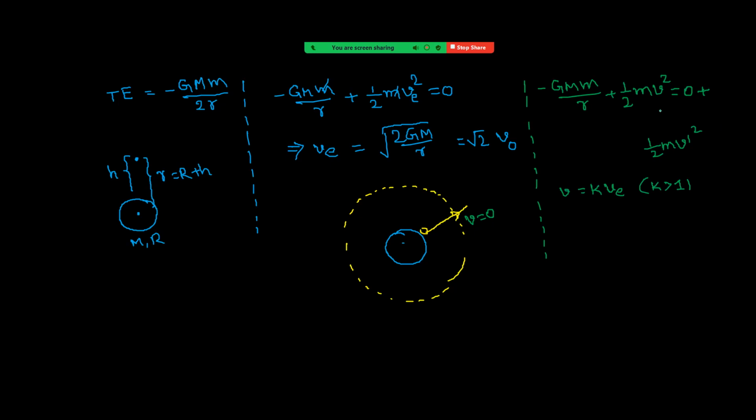So we have given kinetic energy more than required to escape. Now the remaining calculation part: half m, this is now k square v square, minus GMm by r, is equal to half mv dash square. Okay, I'm making the remaining calculation.